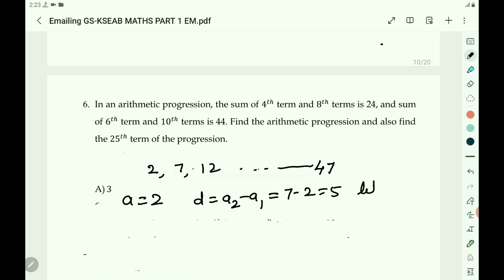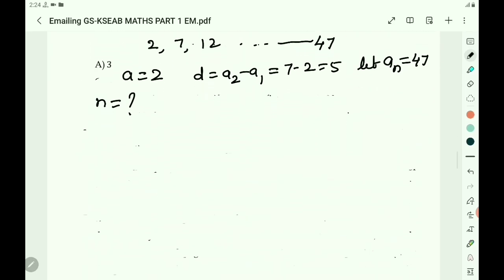Let an equal 47. Then n equals question mark. Then you write the formula for an to find n, by considering 47 as the nth term an. an equals a plus n minus 1 into d, which equals 47.